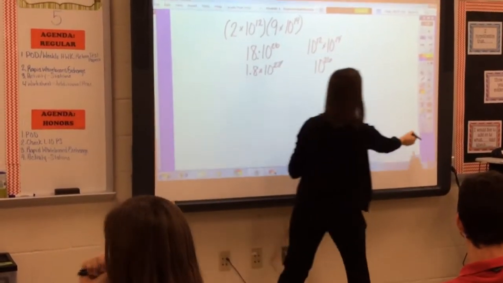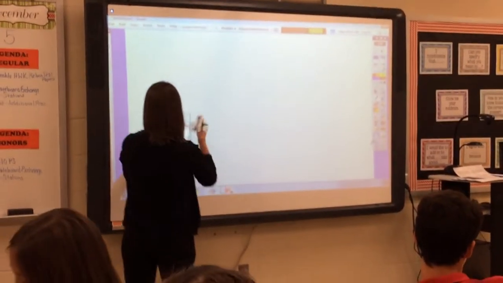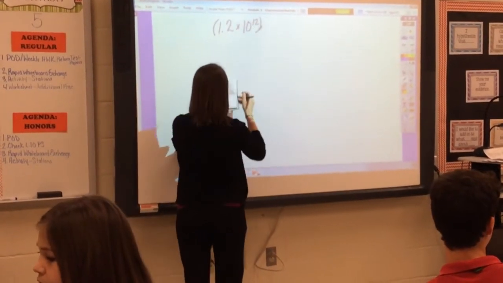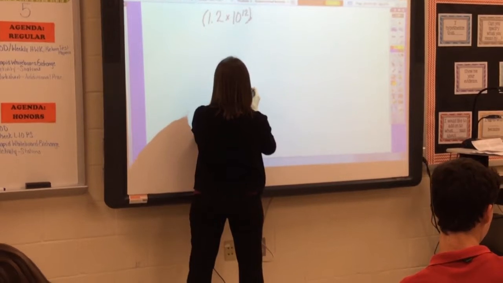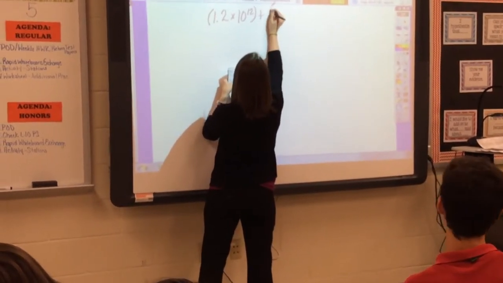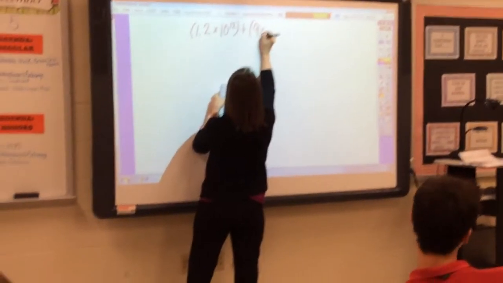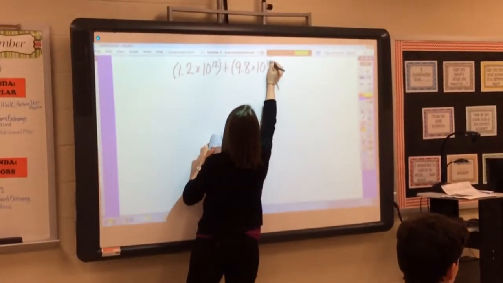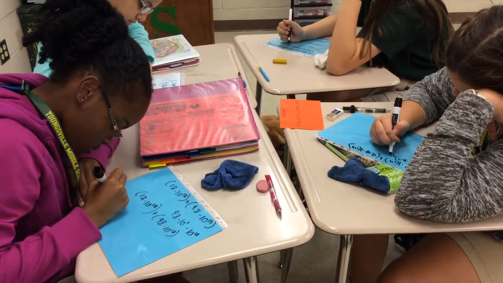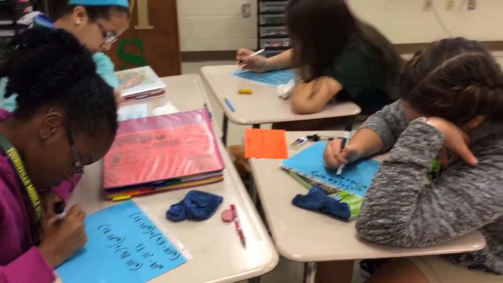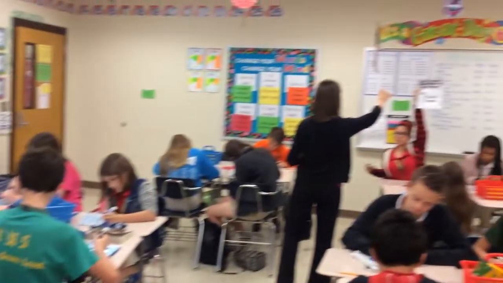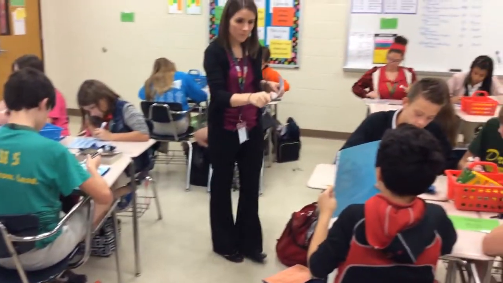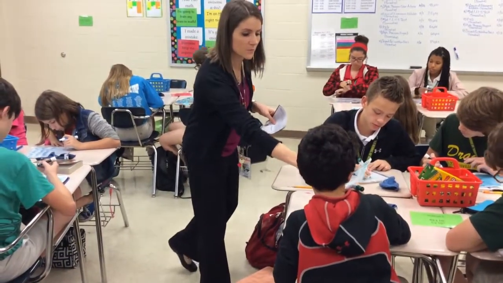Okay, let's go ahead and try an addition one. So 1 2/10 times 10 to the 12th power plus, let's go with 9 8/10 times 10 to the 13th. If you're stuck, double check, you need the same exponent before you can add it.